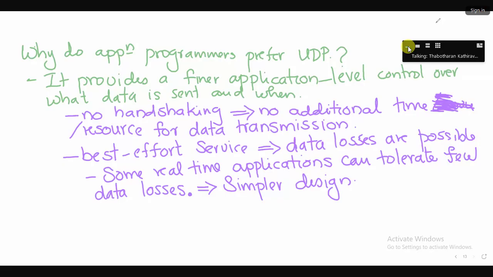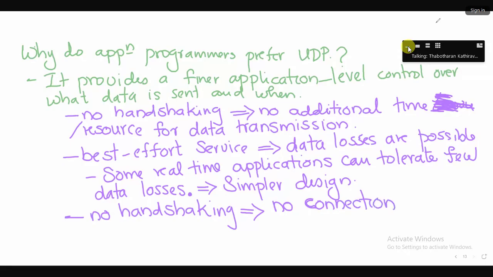And since there is no handshaking, that also implies no connection state. We don't just connect, we send data and assume the other party receives the data and we will get a reply.